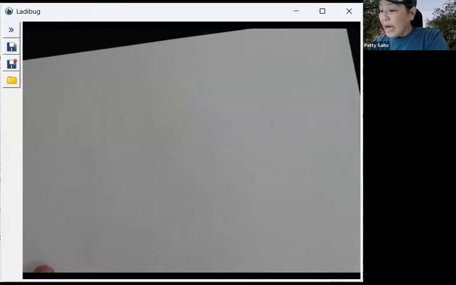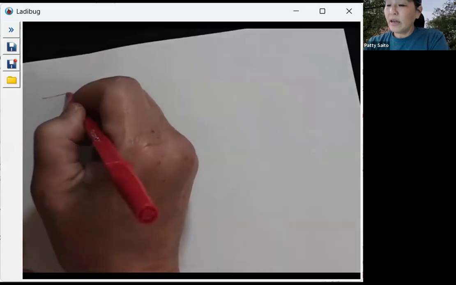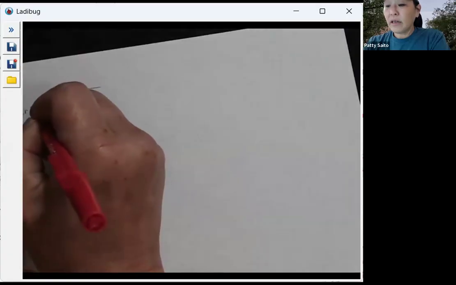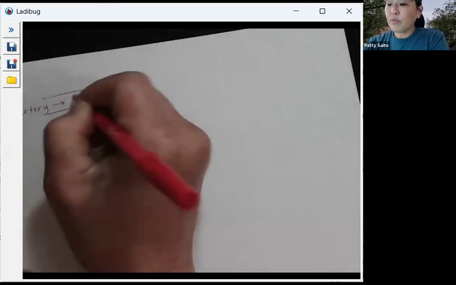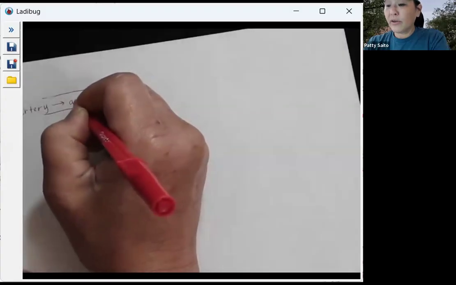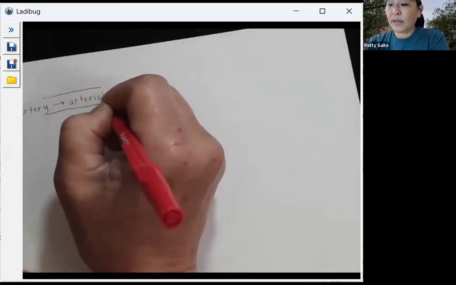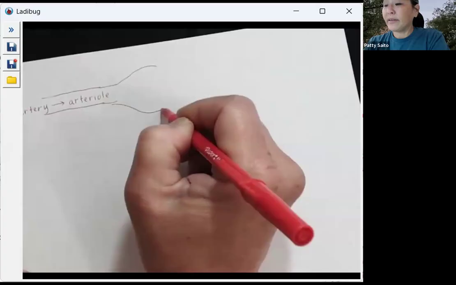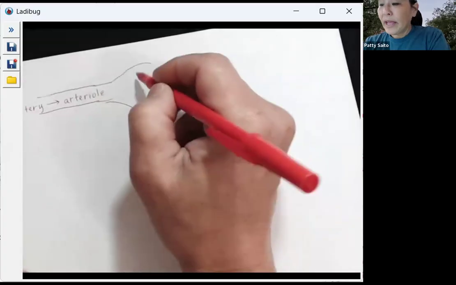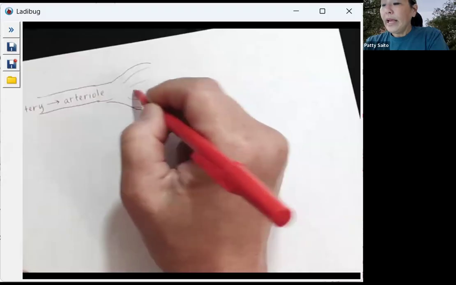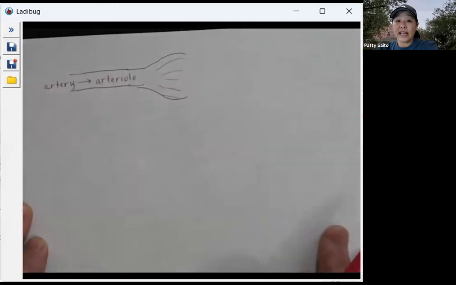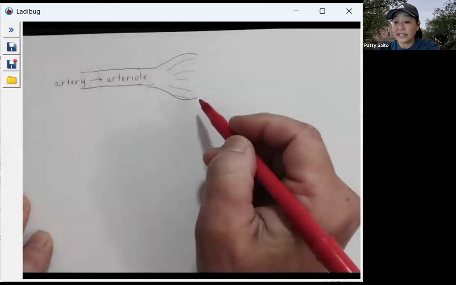All right. So how blood flows is blood that's oxygenated will move through arteries and then into smaller arteries called arterioles, little arteries, and then make its way into capillaries. So these are capillaries. And this is the area that needs oxygen and nutrients and things like this.